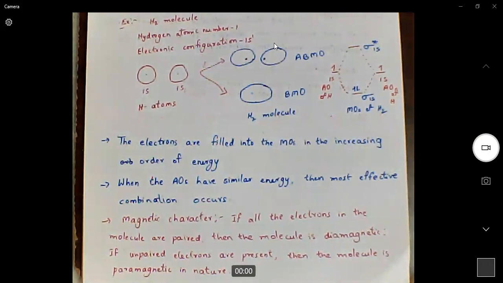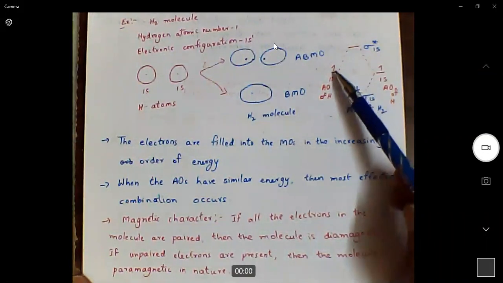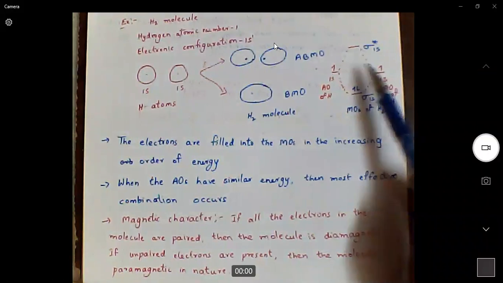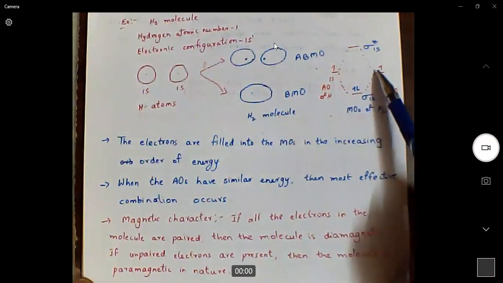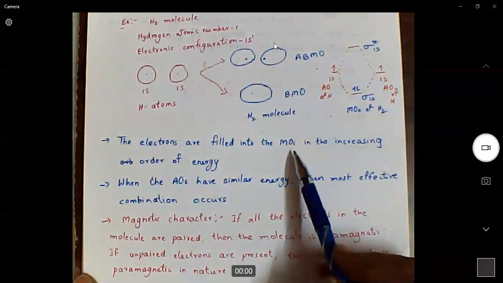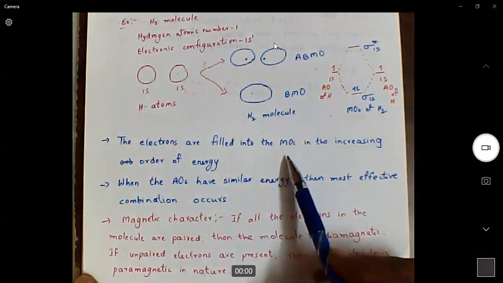Now, when we draw the molecular orbital diagram, we also fill the electrons. In hydrogen, we have one electron in each atom. So, in a hydrogen molecule, we have two hydrogen atoms, so we have two electrons. Now, electrons are filled into the MOs according to their increasing order of energy.